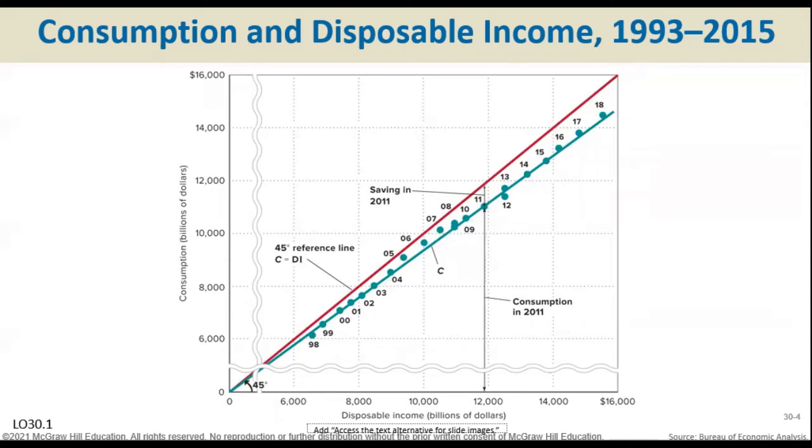You consume the totality of your disposable income. And if you are on the red line, that means your saving is zero because you consume the totality. The 45-degree line is equidistant from the two axes. What that means is you consume the totality of your disposable income whenever you are on the 45-degree line.